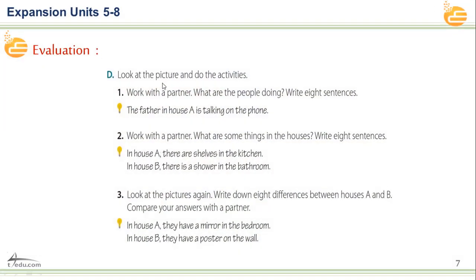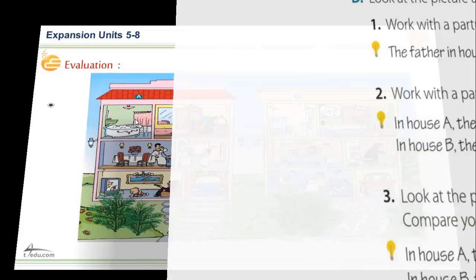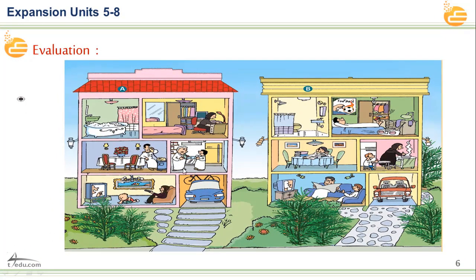Look at the pictures below and do the activities. For example, here we have number one. Work with a partner. What are the people doing? Okay, write 8 sentences about the pictures before, and make sentences like that. For example, the father in house A is talking on the telephone.